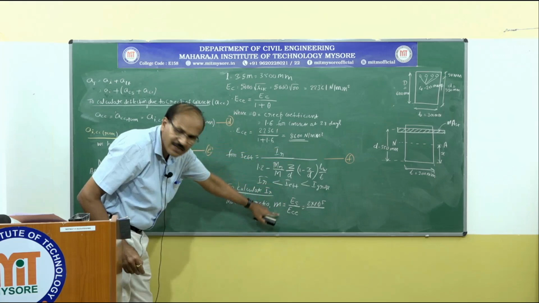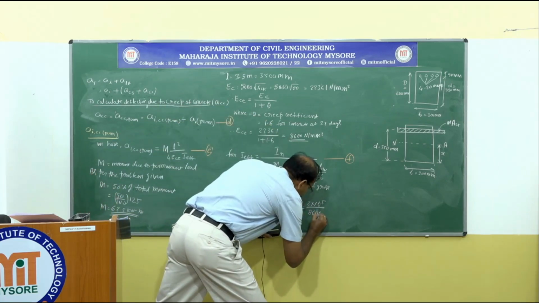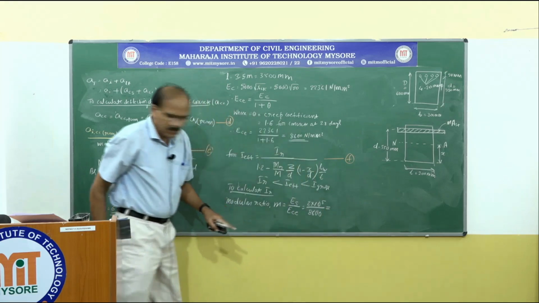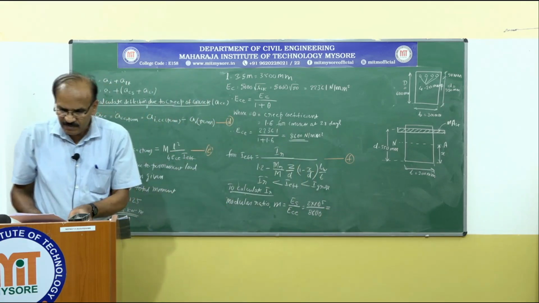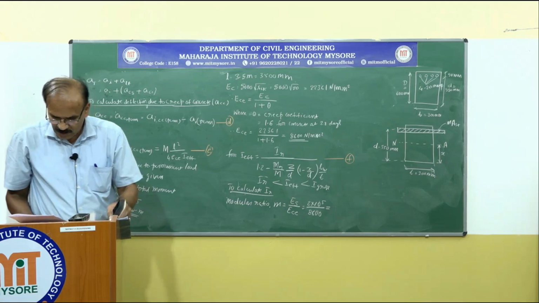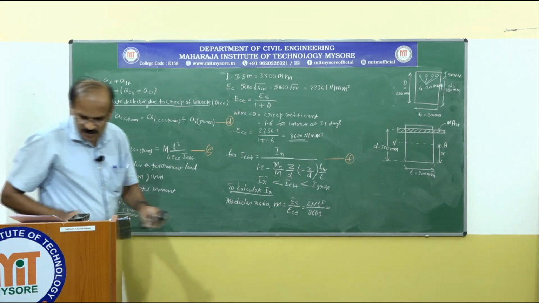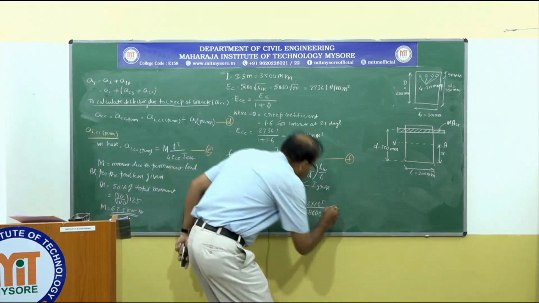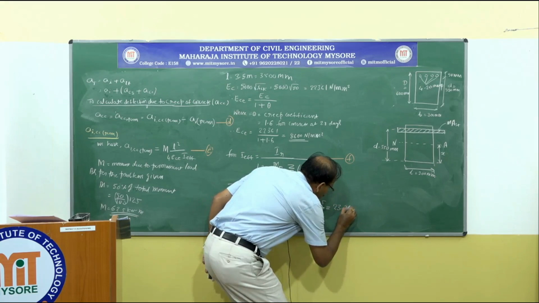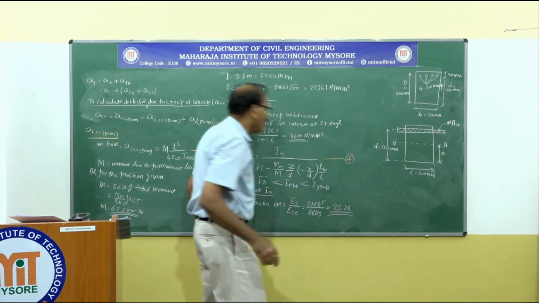That is 8600 Newton per millimeter square. So what is the value of m? Let me look at my notes. That is 23.26. 23.26 is the value of modular ratio.